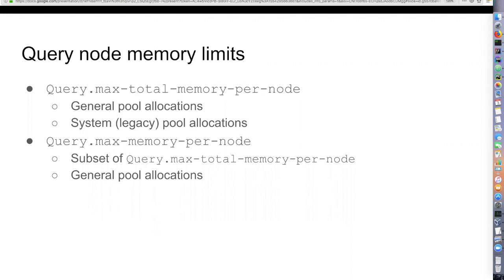There is also another config, which is max memory per node, and the amount of memory in this config should be lower than the max total memory per node, and for this limit only user query memory allocations are taken into account.